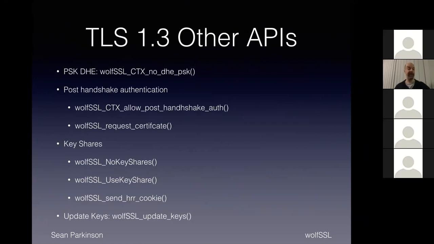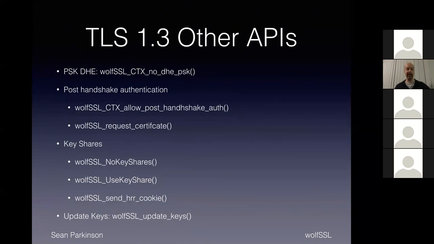Post-handshake authentication is allowed on the client side with wolfSSL_CTX_allow_post_handshake_auth, funnily enough, and is requested after the handshake with wolfSSL_request_certificate. So the client says wolfSSL, allow the post-handshake auth to occur. I will allow you to send my certificate after the handshake.